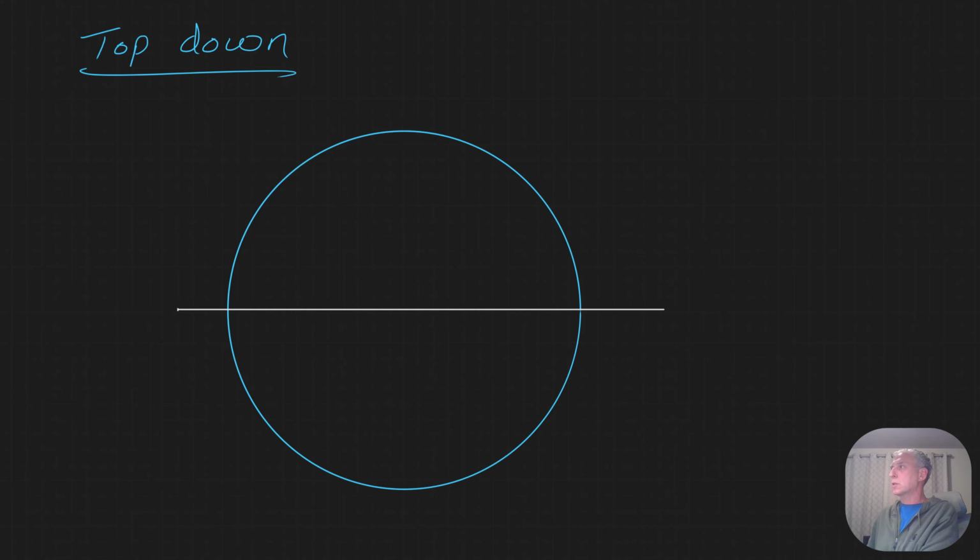There's x positive, x negative, and there's the y-axis. So we're looking at the plane of the equator, essentially. So y positive, y negative. And we have our point P somewhere here.